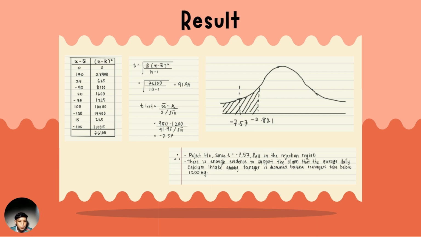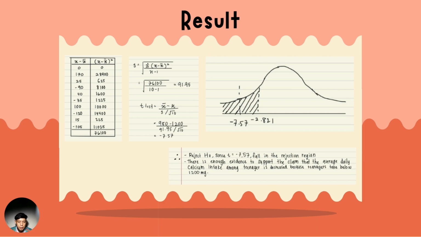square root of 76,100 divided by 10 minus 1, so we will get 91.95. So we will find the t test, which is x bar minus mu divided by s divided by square root of n. So we will get negative 7.57.